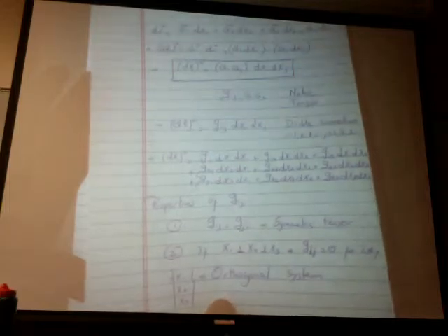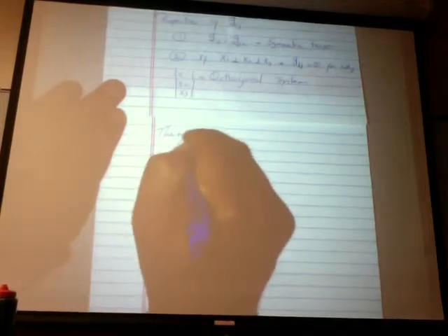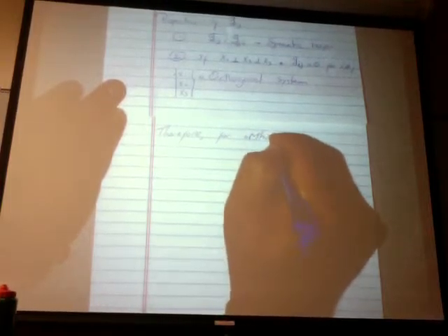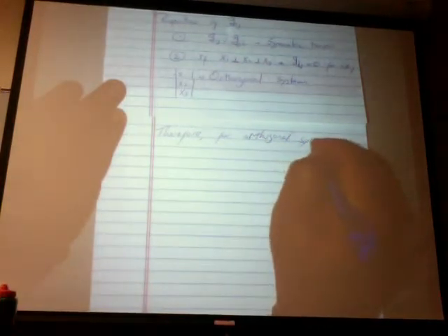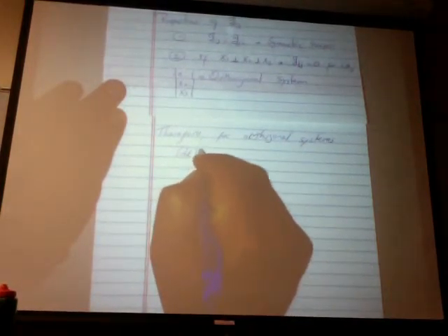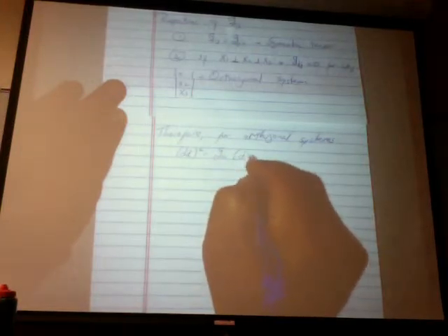So, therefore, for orthogonal systems, dl squared is equal to Gii dxi squared.